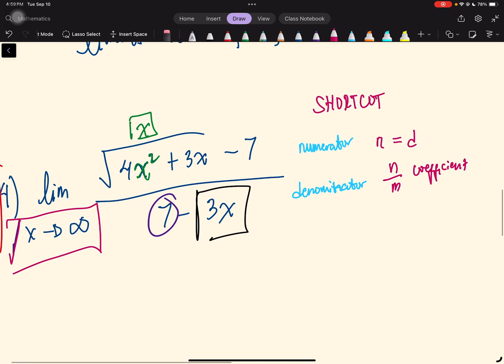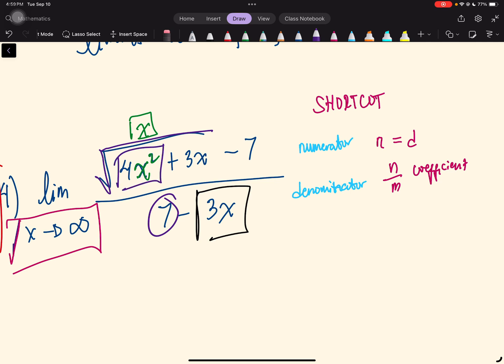Okay? So, does that mean we're just going to do 4 over negative 3? Nope. Why? Because like I said earlier, you have to consider that we're taking the square root. Therefore, the coefficient of this term here is not 4.